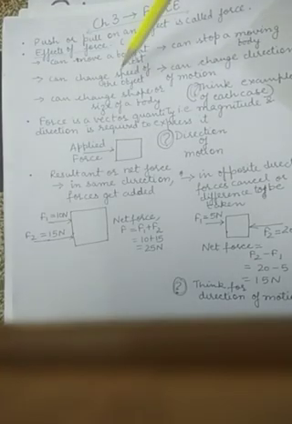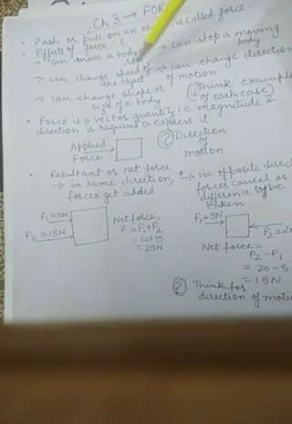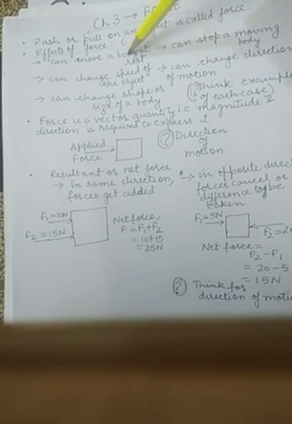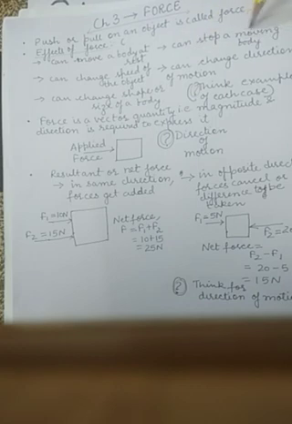Now look here, the effect of force. The first effect here is that the force can move a body at rest, means the body is at rest. On applying the force, the body will start moving. So that is called the effect of the force. And the reverse of it is, if your body is moving, any object which is moving, on applying the force, it can be stopped.